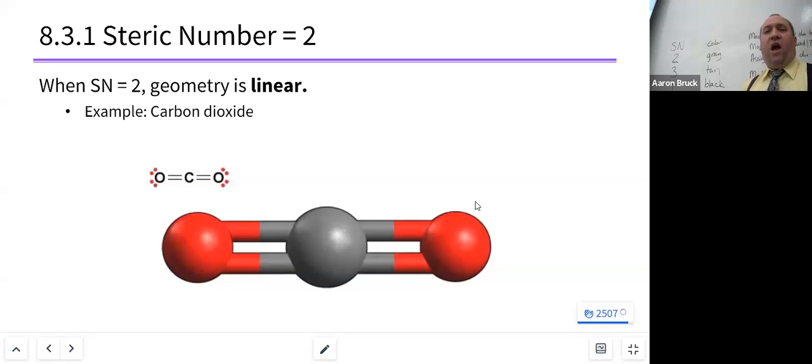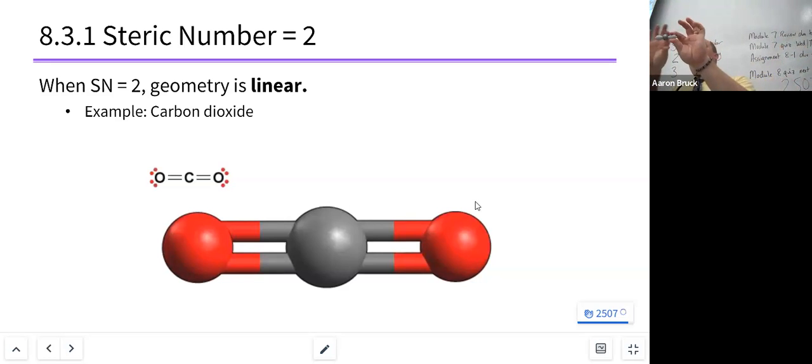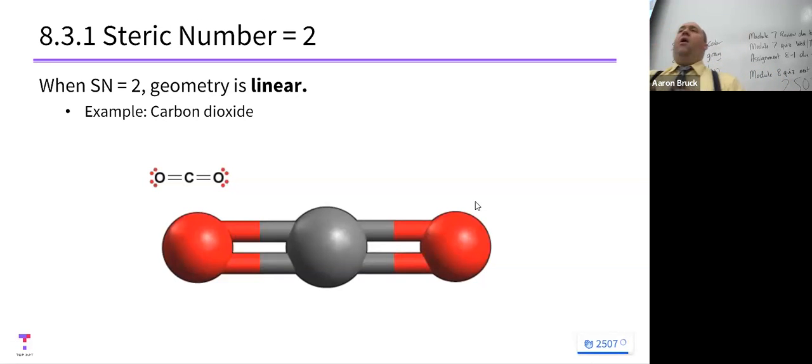So starting off with steric number 2, that's the gray silver ball with a steric number of 2, where I've got 2 groups, most likely bonding groups. What I have here is a linear shape.